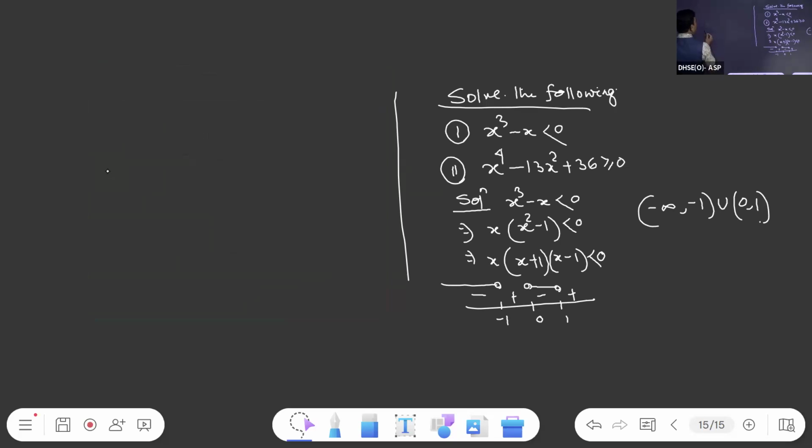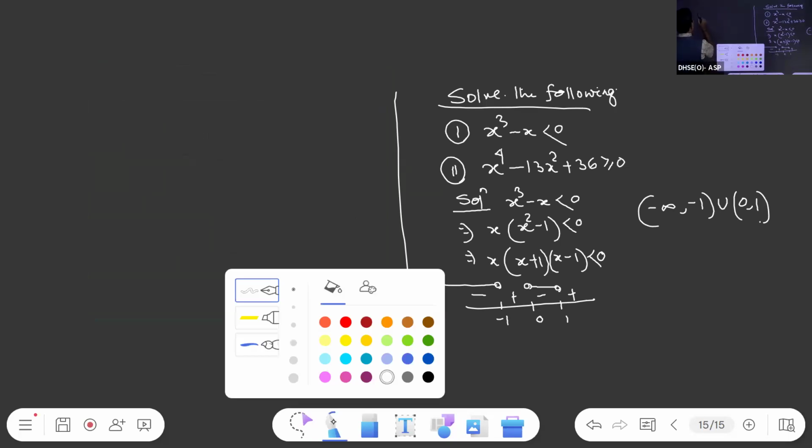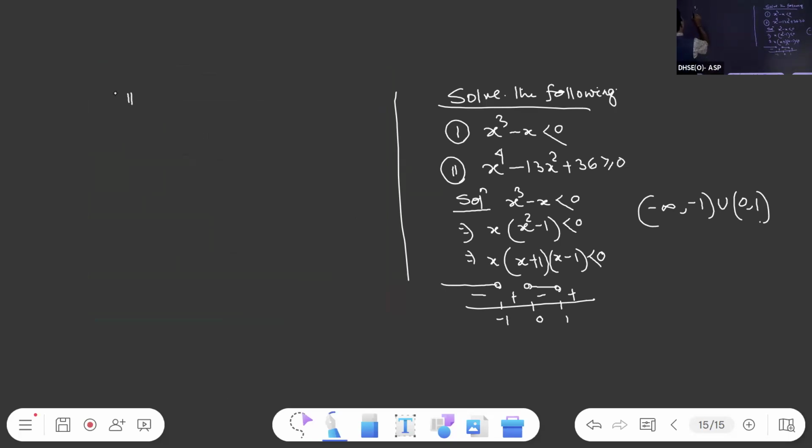Then come to question number 2. Question number 2 is x to the power 4 minus 13x square plus 36 greater or equal to 0.